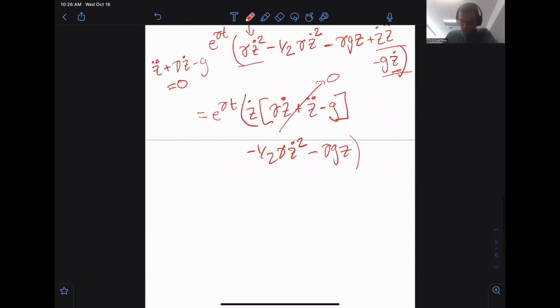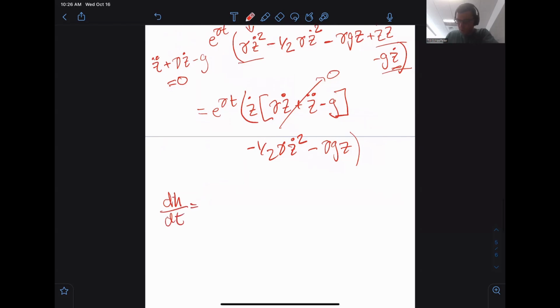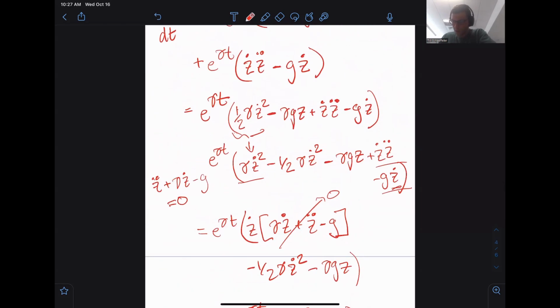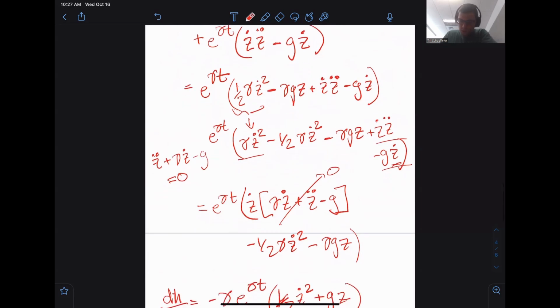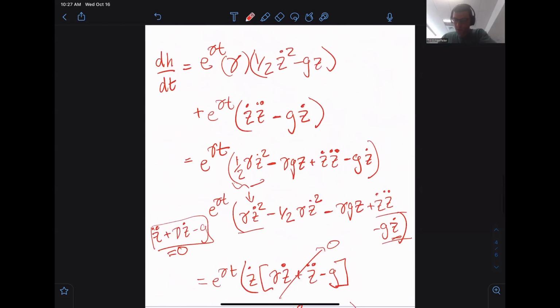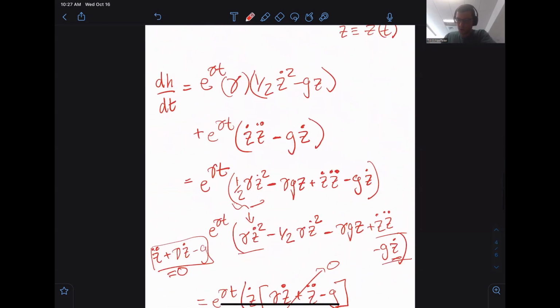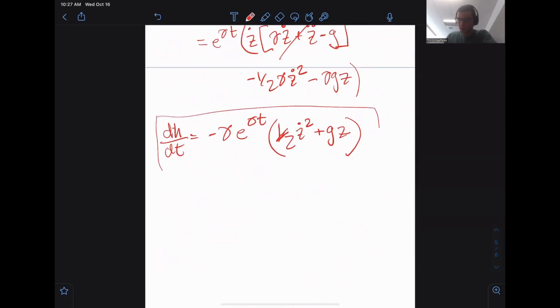So we have that the total time derivative of h is equal to, can pull out the minus gamma e to the gamma t, 1/2 z dot squared plus g z. Okay, so I did some algebra here to basically get this term, and that's equal to 0 because that's the equation of motion, and that simplified this total derivative of the Jacobi integral down to something like this.